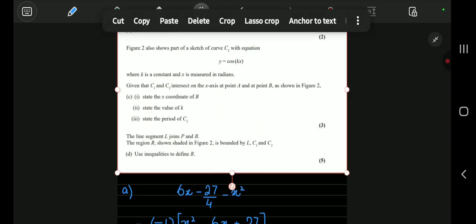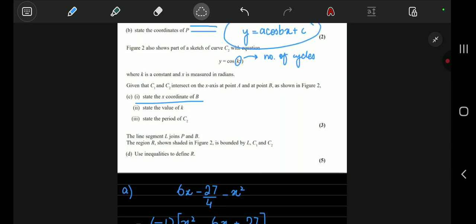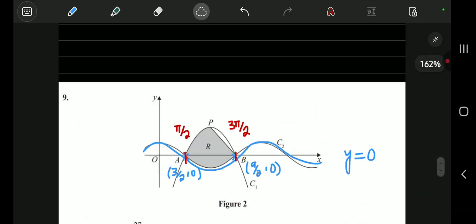Now let's take this. There is a line segment L that joins P and B. The region R shown shaded in figure 2 is bounded by L, C1 and C2. They are talking about this line now.